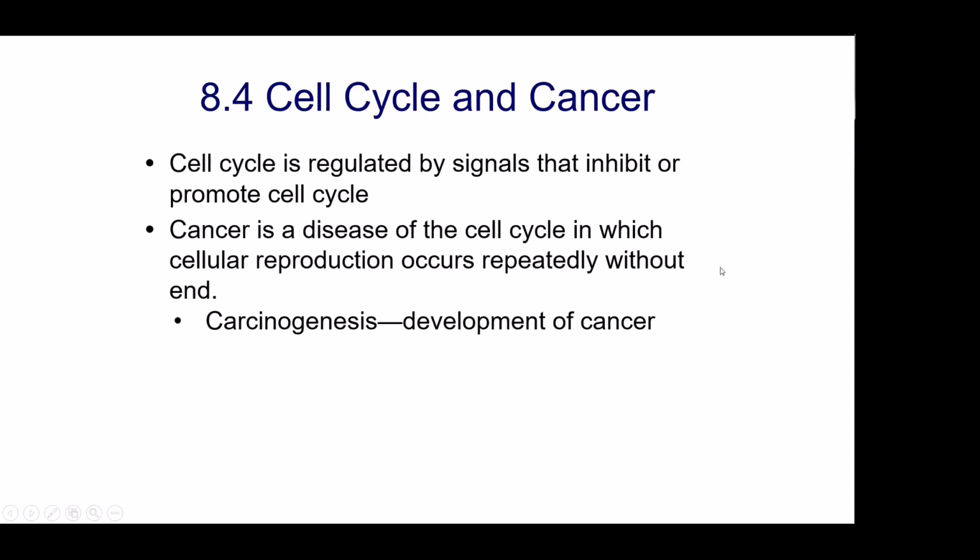So there's no contact inhibition. Instead, you have a situation where a cell is simply dividing out of control. And this process of carcinogenesis, the development of cancer, is a significant process that we've learned and continue to learn a substantial amount about.